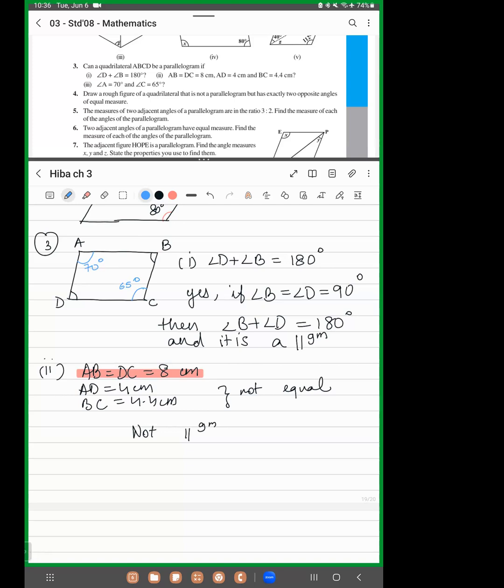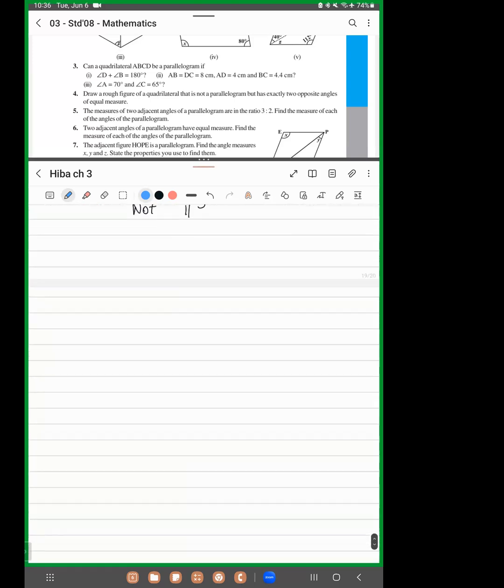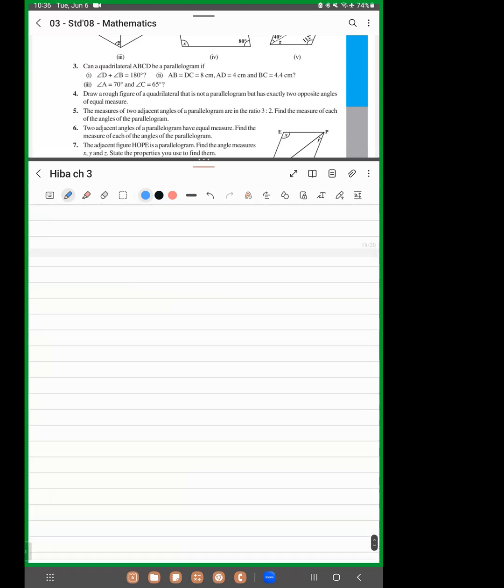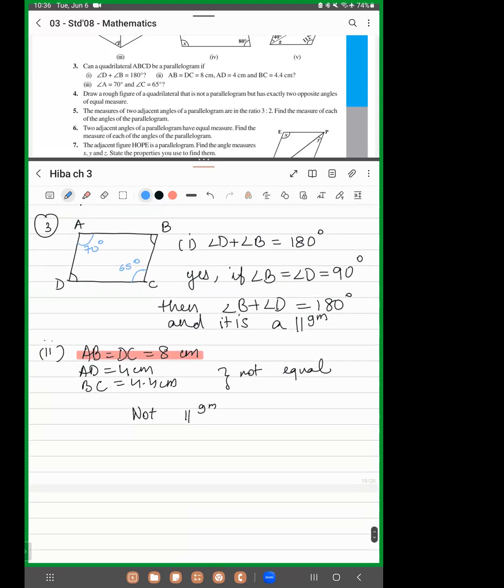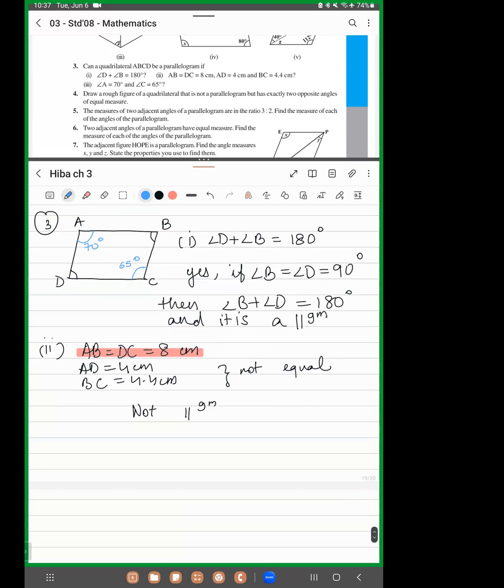Equal, exactly. So again, the exact same thing that you said, that will be the answer. But can there be a parallelogram where the opposite angles are not equal, or opposite sides are not equal? No, it can't be. Again, it can't be.